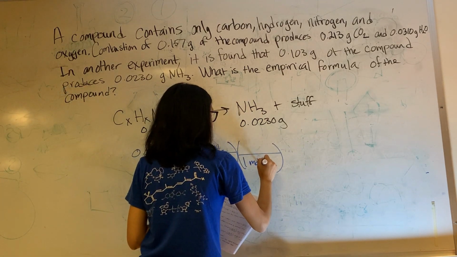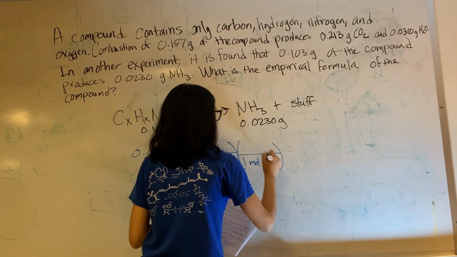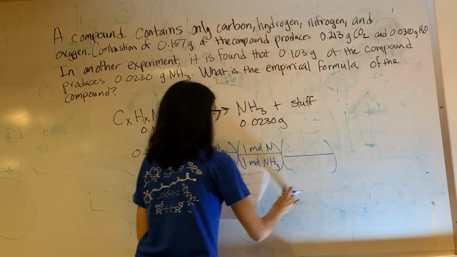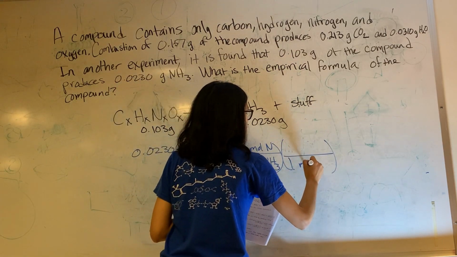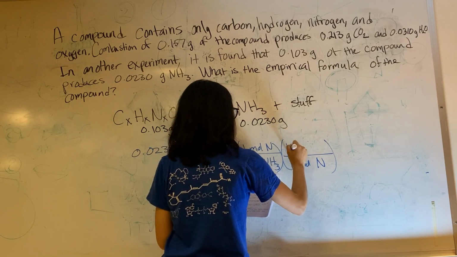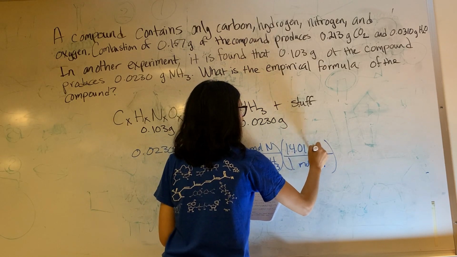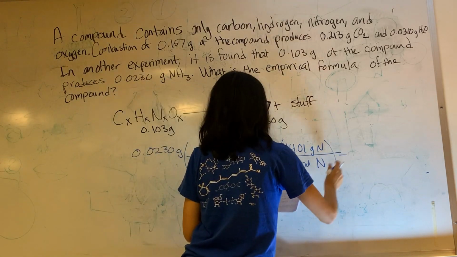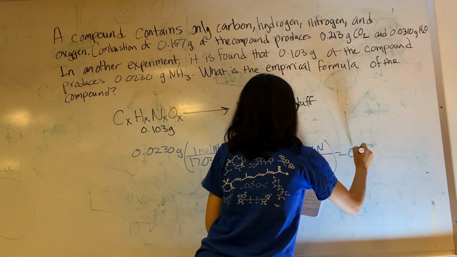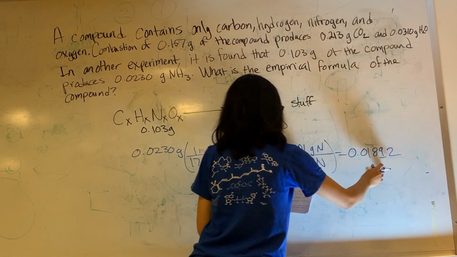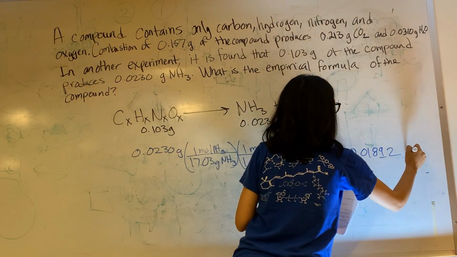In this case, it's pretty easy because 1 mole of ammonia just has 1 mole of nitrogen. And finally, get to the grams that we want. So 1 mole of nitrogen is 14.01 grams of nitrogen. Okay? So that'll give us 0.01892 grams of nitrogen.